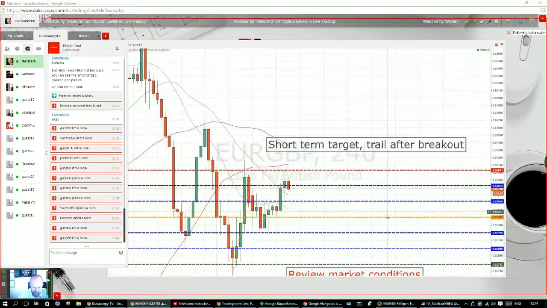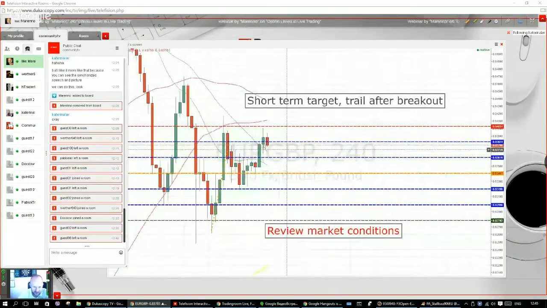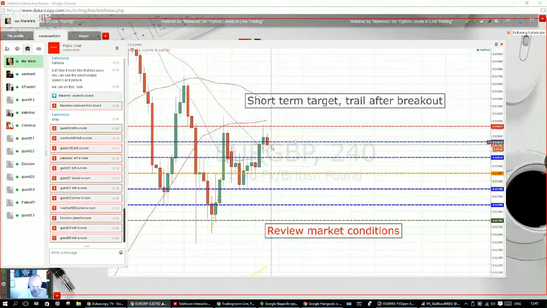Okay, guys, what I'm waiting for here is, in case I see a clear reversal pattern around this area, then I will try to sell it, to be honest. I will review it. Just a second. So it's euro pound.